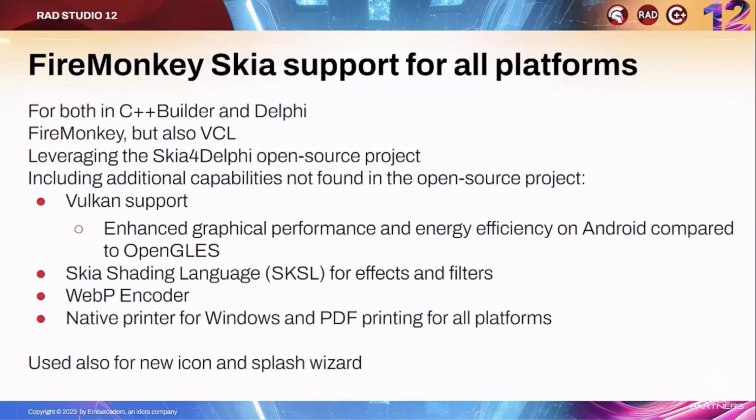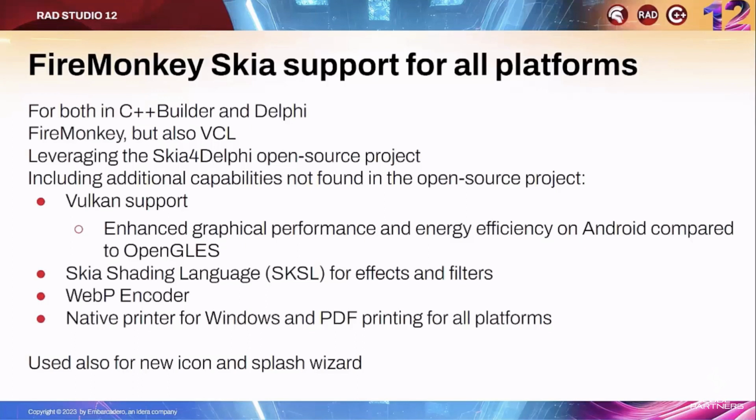Vulkan support, it's a different graphic engine that is available on Android. So using Skia with Vulkan should provide a much better experience than just using OpenGL ES. The Skia shading language for effects and filters is also available as a unique feature in RAD Studio 12.0.